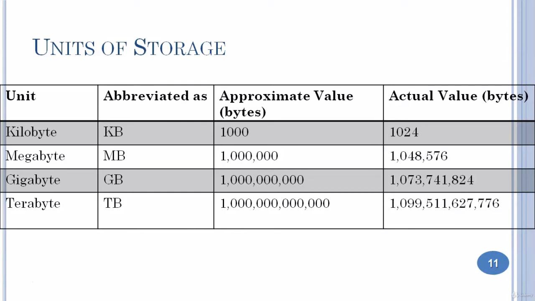Next unit is a terabyte, abbreviated as TB, and its approximate value is 1 followed by 12 zeros, and the actual value in bytes is 1099511627776.